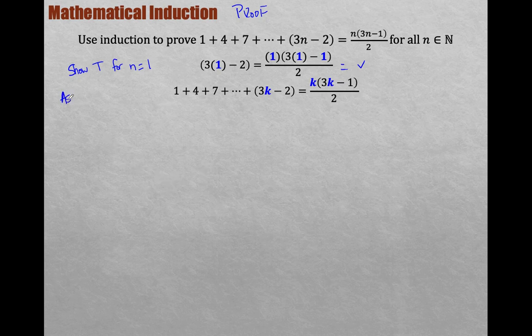Assume true for n equals k. And yes, you have to write that out, which is just a copy-paste with k's in place of n's. Prove true for the next term. This is going to be your domino push.